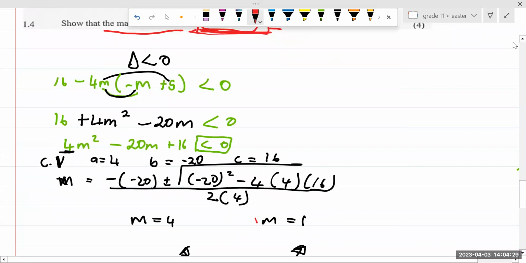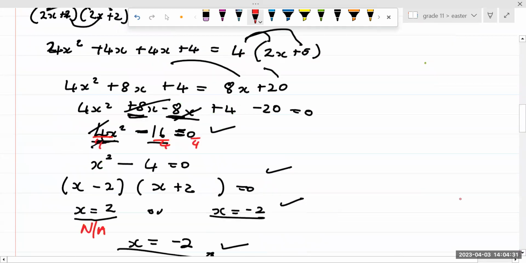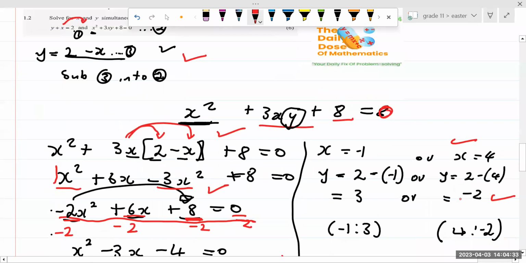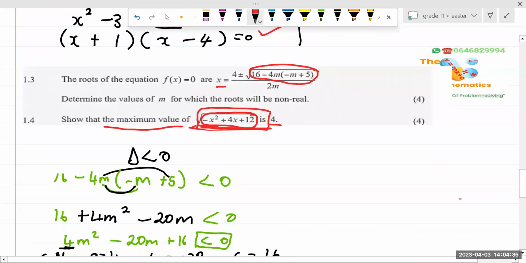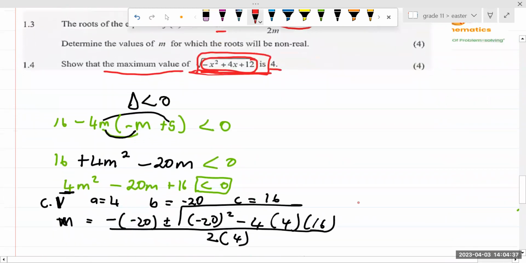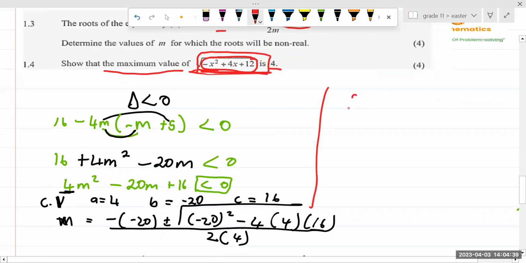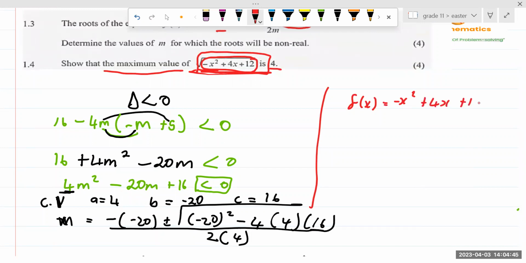Let me write it here so that you'll see what I'm talking about. I'm going to write this as f of x is equal to minus x squared plus 4x plus 12. Now remember, it's inside the square root. I haven't forgotten that. I'll come back and put the square root later.